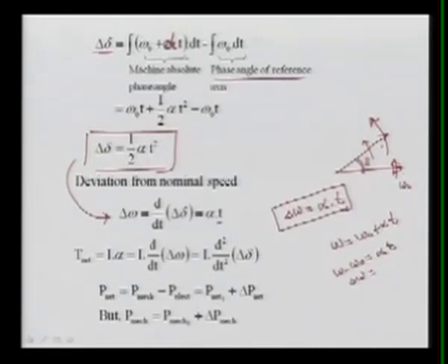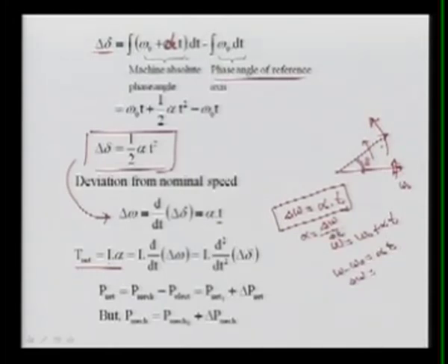We also had the relation that T net is nothing but I alpha, where I is the moment of inertia and alpha is the angular acceleration, multiplied together. Now what is alpha? Alpha is omega upon t, so alpha is the change in omega over the change in time.